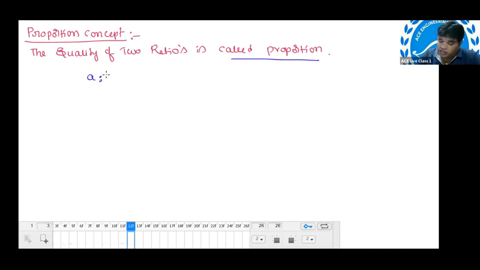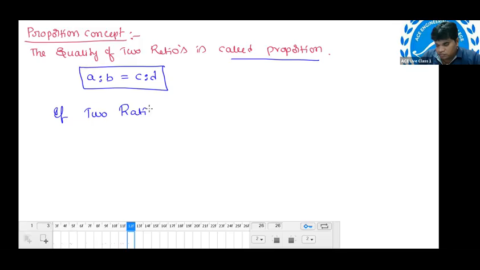A is to B is equal to C is to D. If two ratios are equal, then the product of the extremes is equal to the product of the means. AC is equal to BD. AD is equal to BC.